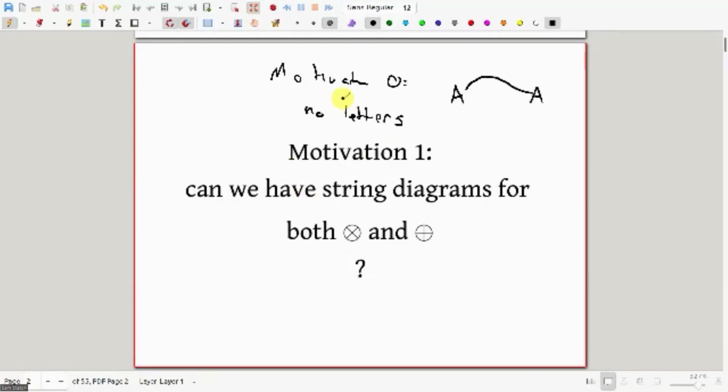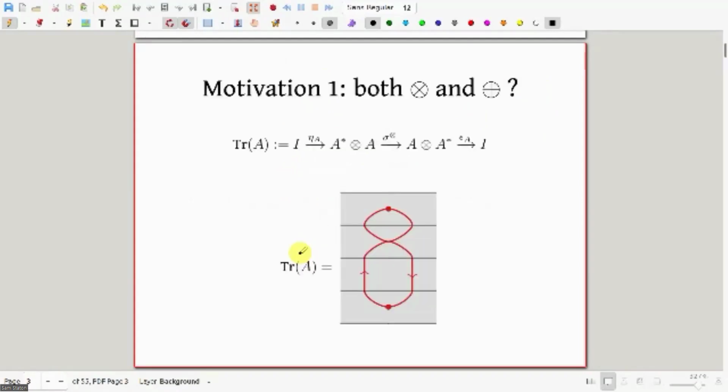So that's motivation zero. Motivation one is, we have these string diagrams for the tensor product. This is a typical kind of trace in a monoidal category that you might want to do, but how do we do it if we want another monoidal product?